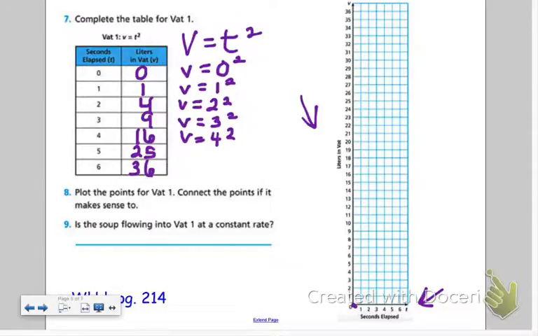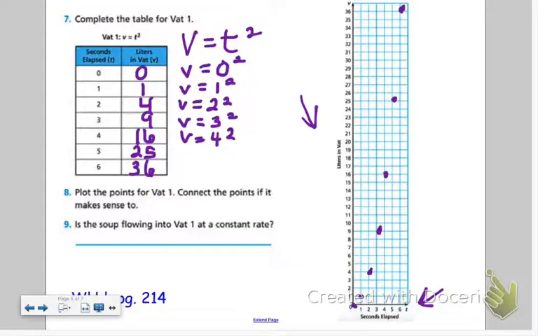And then 1, 1, that's right here. 2, 4, that's right here. 3, 9, that's here. 4, 16, it's right up here. 5, 25 is right here. And 6, 36 is all the way up here.